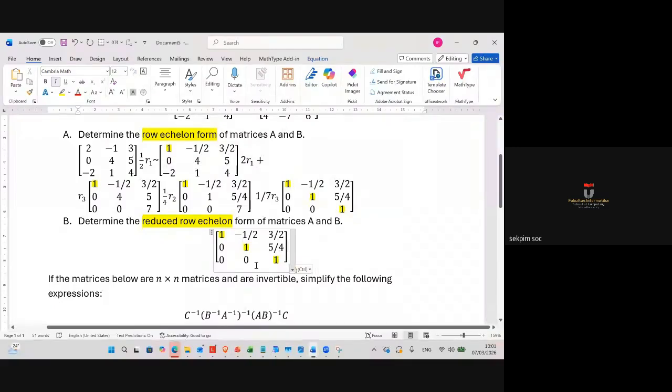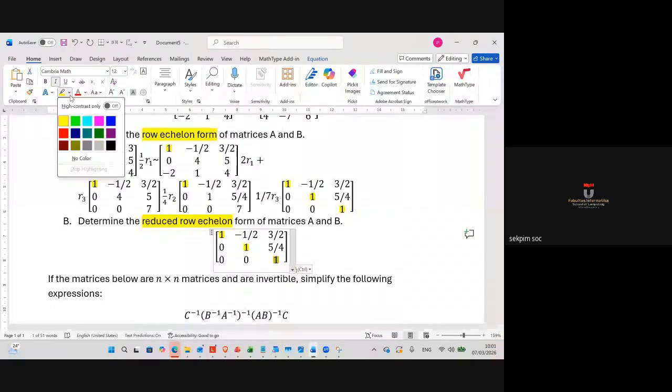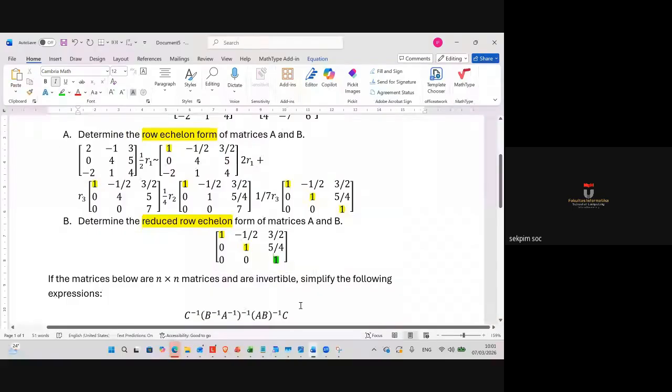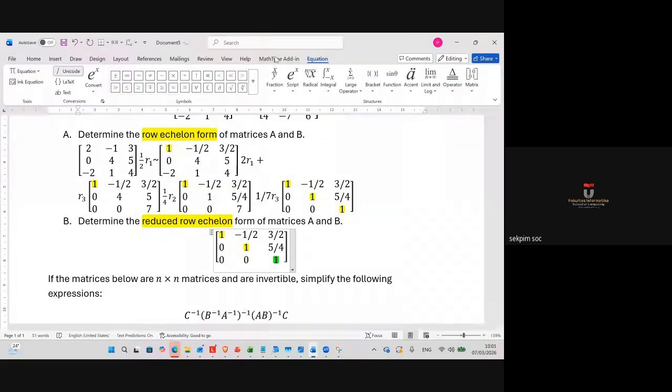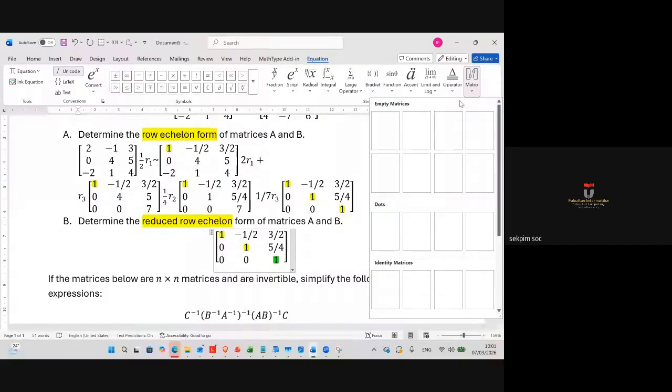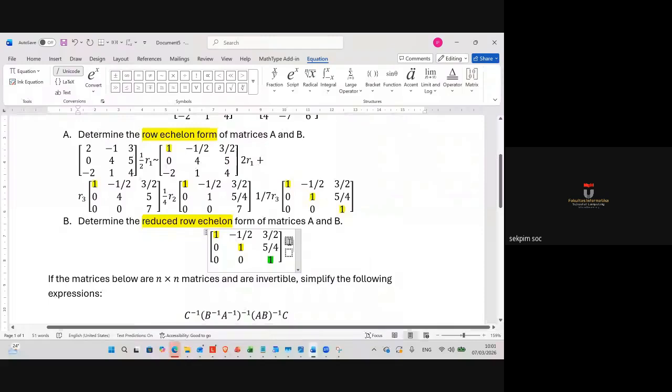How to do the backward procedure is we start from this. Let me make it green for backward. Okay, we start from the last column we have here. So we want to make all zero here. To make it zero, how to do that? We can do two operations.